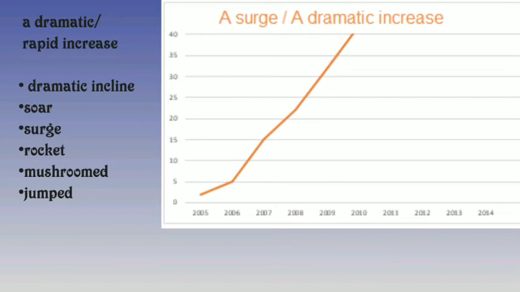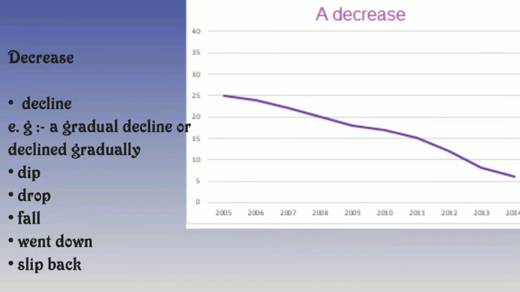So we need not to put adjectives and adverbs before these words. Yes, but if you are making use of incline, rise, climb can be used here, but you must have some adjectives and adverbs with it so that examiner or reader can have more clear view of it.